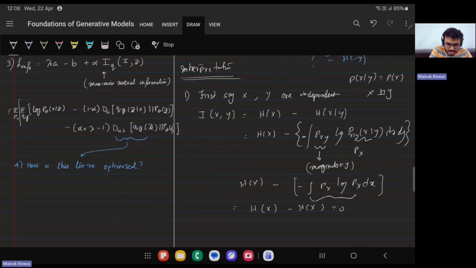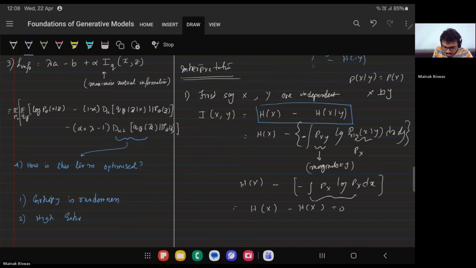So the idea to interpret is, if you look at this entropy term, entropy is randomness. That is the intuition. High entropy means high randomness.